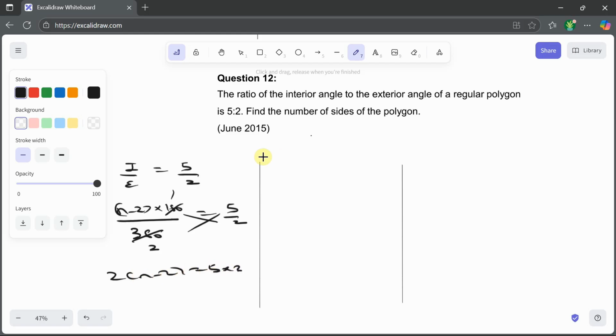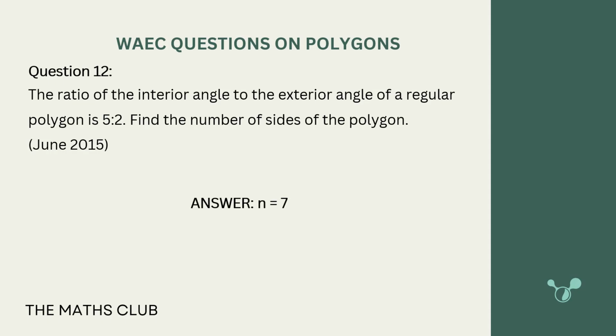Open the bracket, that will be 2n minus 4 is equal to 10. That will be 2n is equal to 10 plus 4. 2n is equal to 14. And if I divide both sides by 2, our n is equal to 7. So the number of sides of the polygon is 7. Let's see if we're correct. Great. And with this, we've come to the end of WAEC questions on polygons.